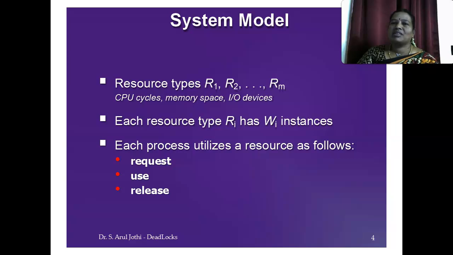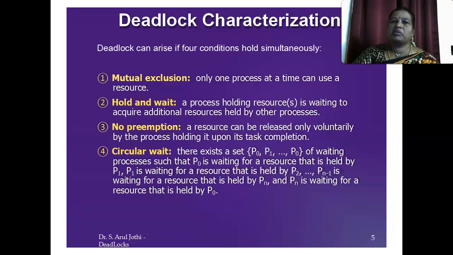Each process utilizes a resource as follows: request, use, and release. So one process requests a resource, another process is using that resource, and after finishing, it releases it. These are the sequences which go on between the processes and the resources.